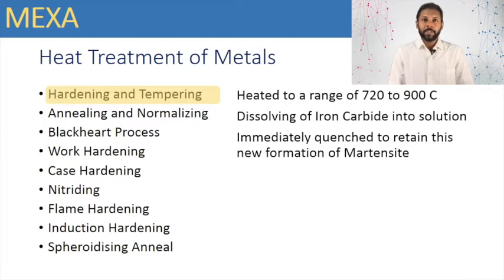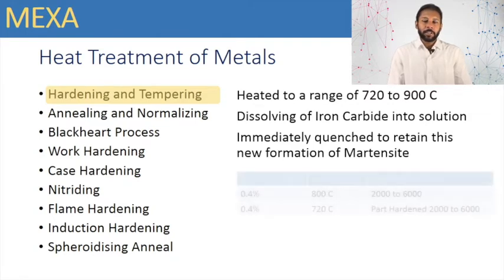This completely new structure, which has been brought about by heating and then rapidly cooling, is called martensite, a hard needle-like structure consisting of iron supersaturated with carbon, and is basically responsible for hardening steels.